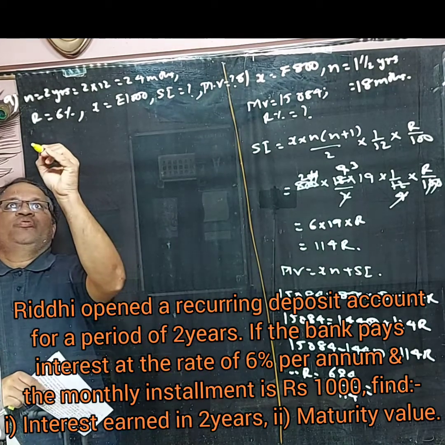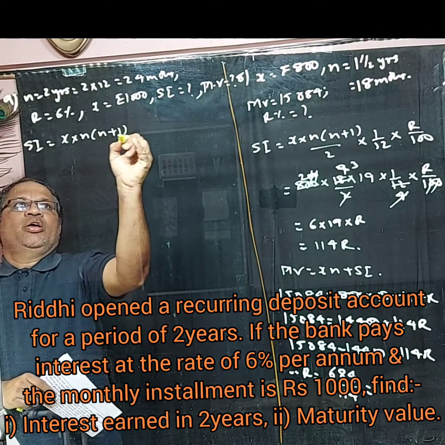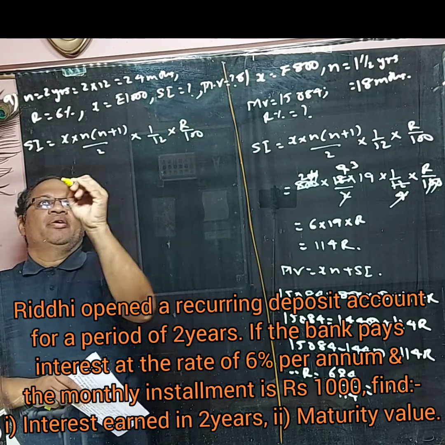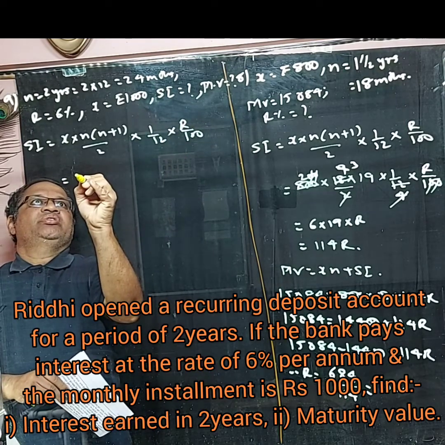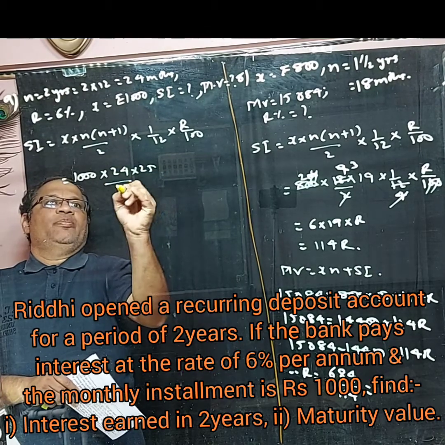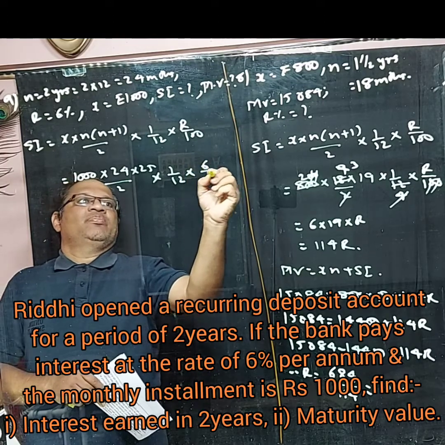Alright. So first formula, SI is equal to X into N, N plus 1 upon 2 into 1 by 12 into R by 100. So X is 1000 into N is 24 into 25 upon 2 into 1 by 12 into rate is 6 upon 100.